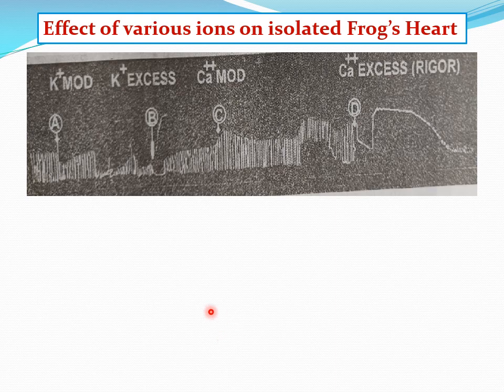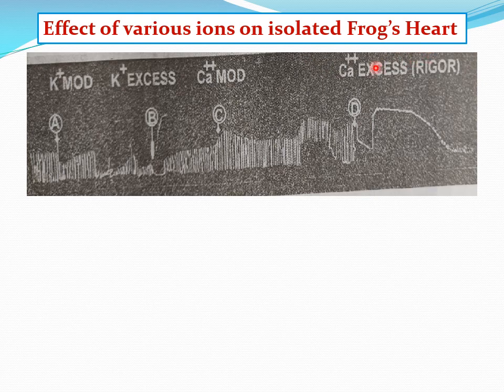In the next session we can enter into the skeletal muscle graphs, but as far as cardiac muscle is concerned, it's the last graph. And what is the heading of this practical? Effect of various ions on isolated frog's heart.